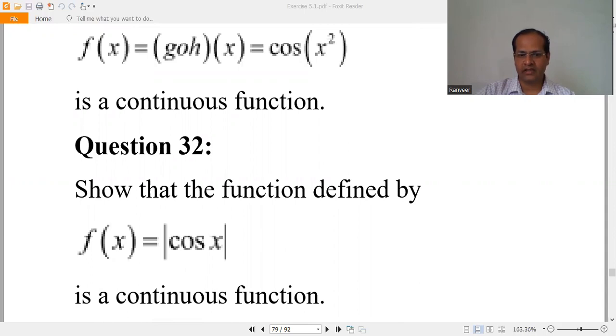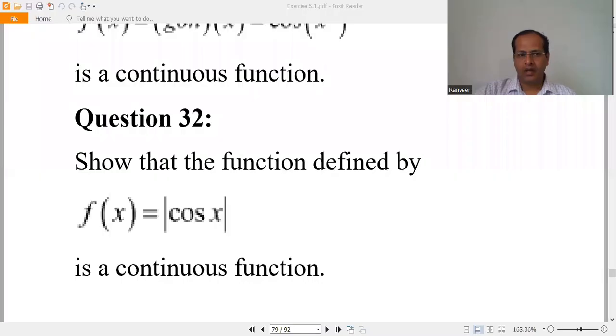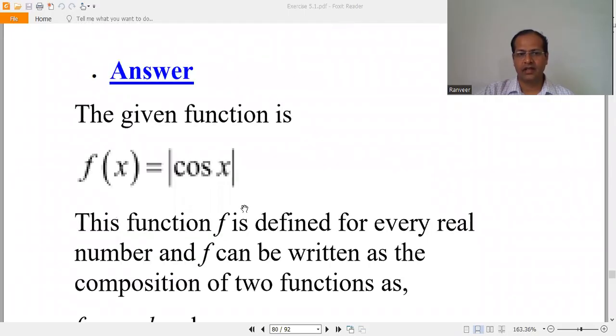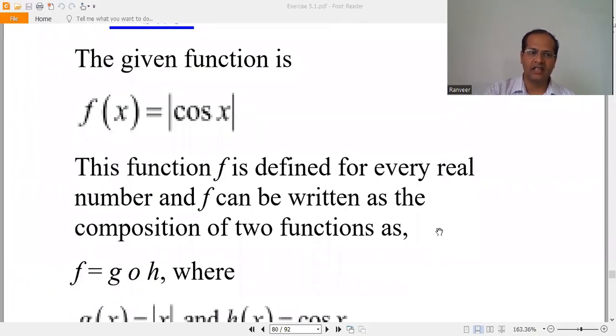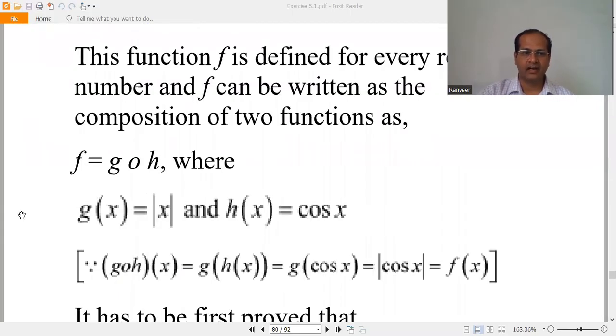Similarly, mod of cos x we have to prove. Question number 32. So that the function mod of cos x is a continuous function. This type of function is a function inside a function, that is called the composite function of two functions. So we can write this g o h, that is nothing but the f(x) function. g(x) is nothing but the modulus function, and h(x) is nothing but the inside cos x.